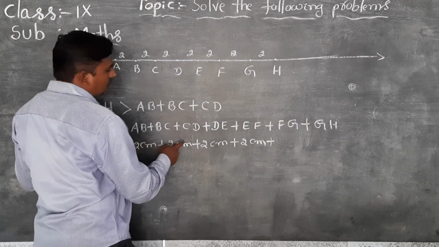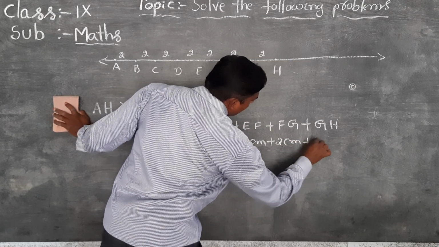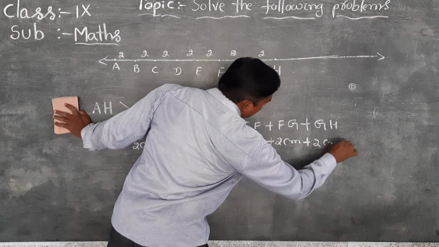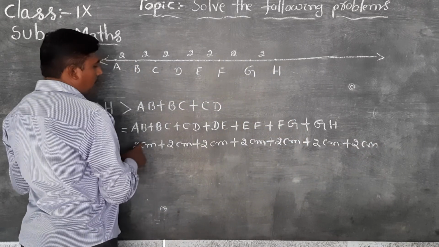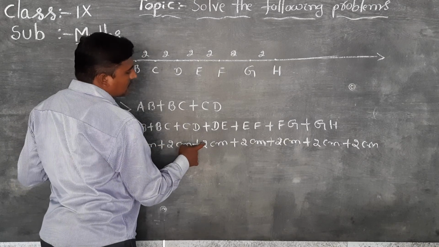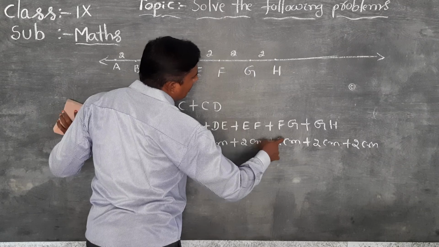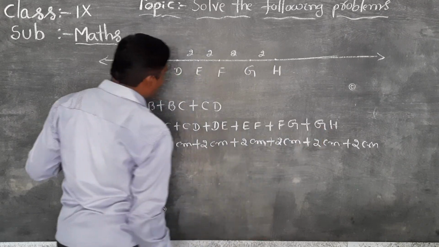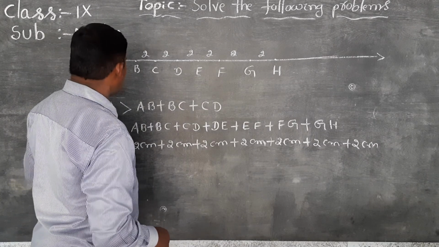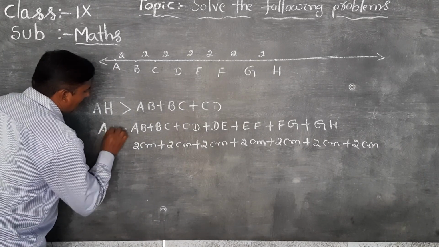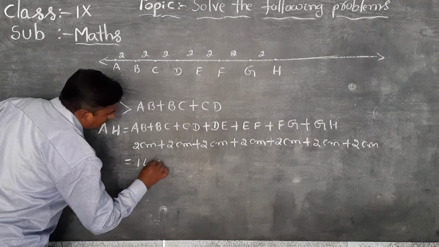Total 7 segments of 2 centimeters. 2 plus 2, 4. 4 plus 2, 6. 6 plus 2, 8. 8 plus 2, 10. 10 plus 2, 12. 12 plus 2, 14. So the AH value is equal to 14 centimeters.